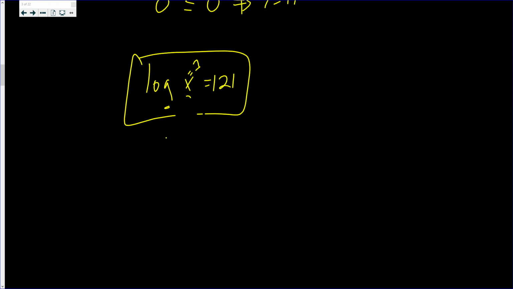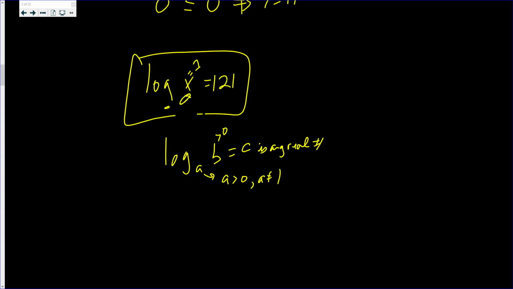Okay. So again, b has to be positive, c is any real number, and a has to be greater than 0, but it can't be 1. It makes no sense for the base to be 1.